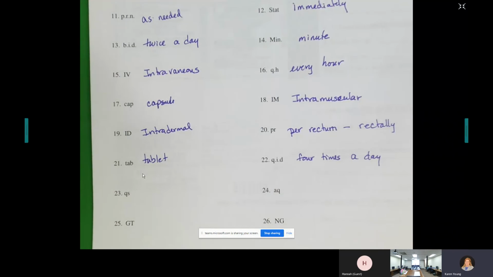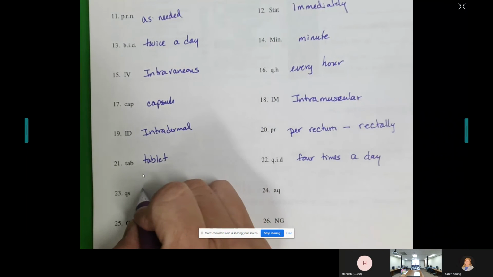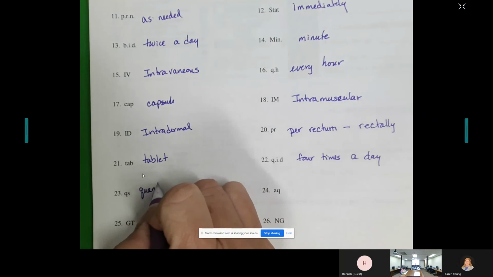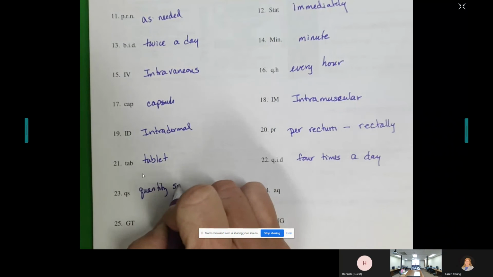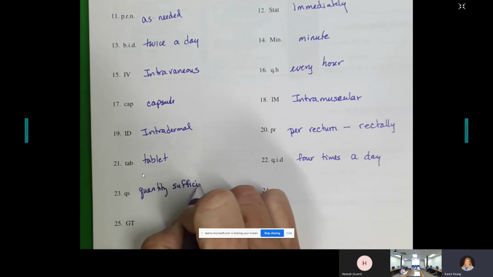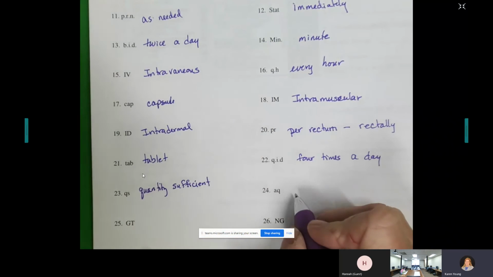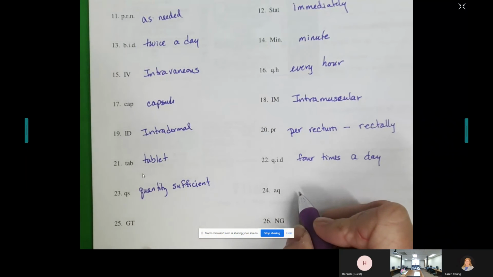Oh, QS, quantity sufficient. What about AQ? Water.